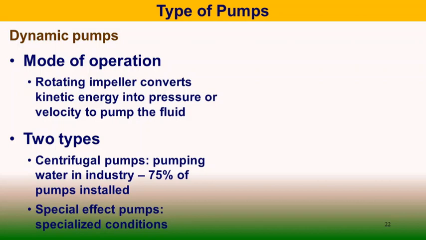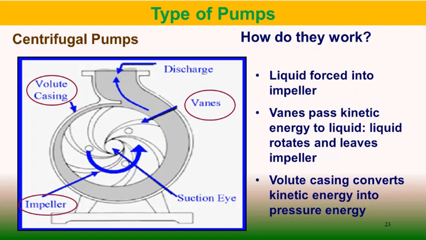So construction wise, in the centrifugal pump we have a volute casing, rotating impeller and vanes within the casing. There is a suction and discharge duct. So liquid is forced into the impeller and the vanes pass the kinetic energy into the liquid.